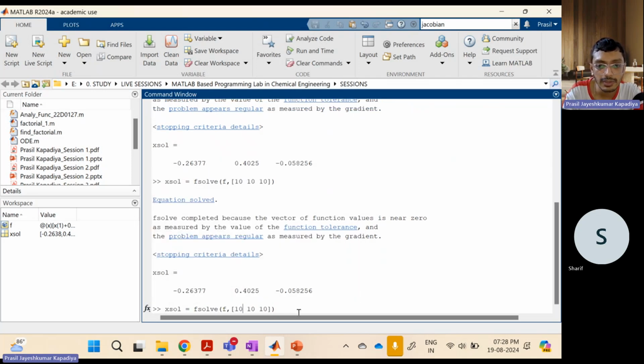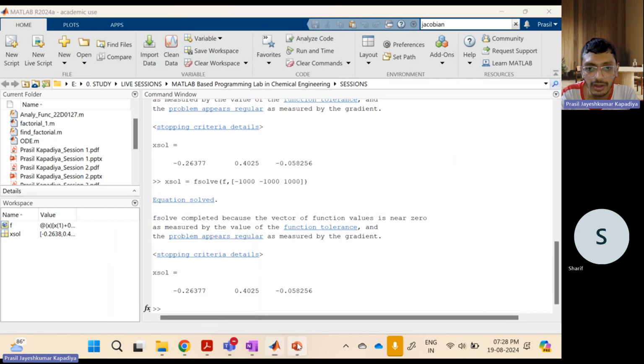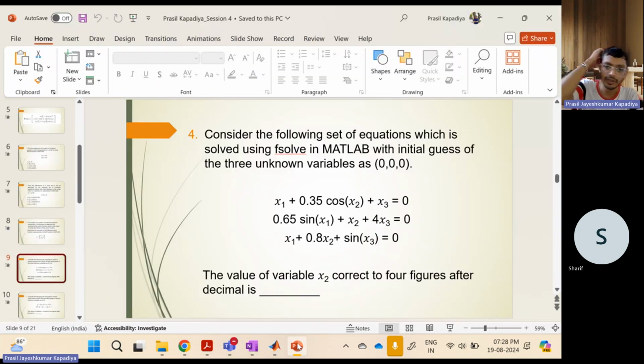Then also it is giving me the same answer. So this is the only one solution that we will get. Okay. So this is how we can use fsolve command for nonlinear equations.